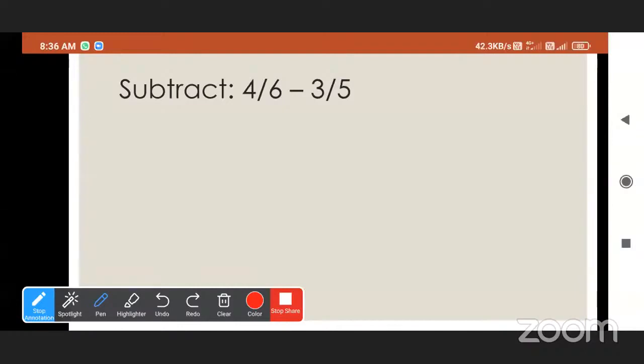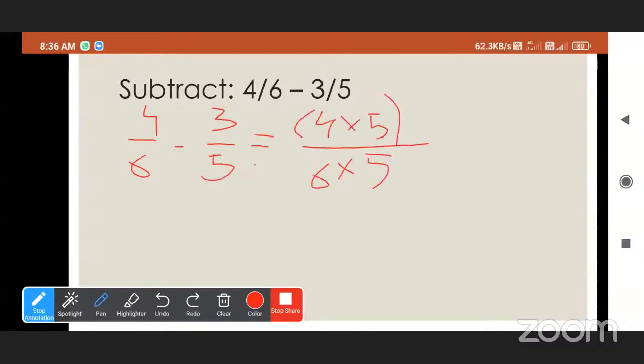So it is 6 by 5, and we will write it in brackets as 4 multiplied by 5 minus 3 multiplied by 6. So 4 multiplied by 5 is 20.